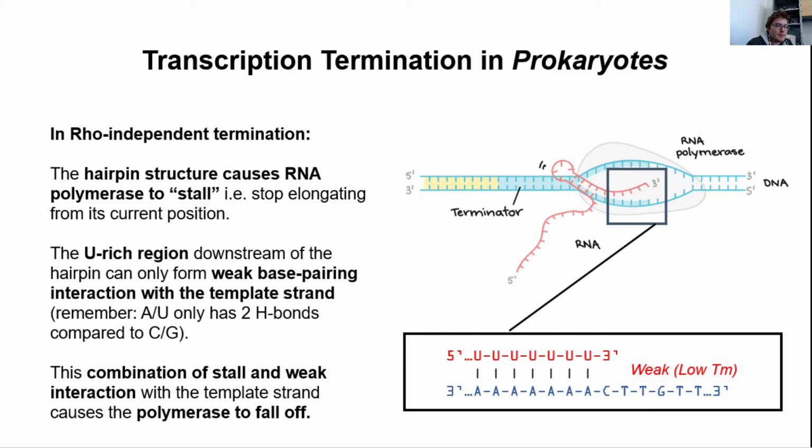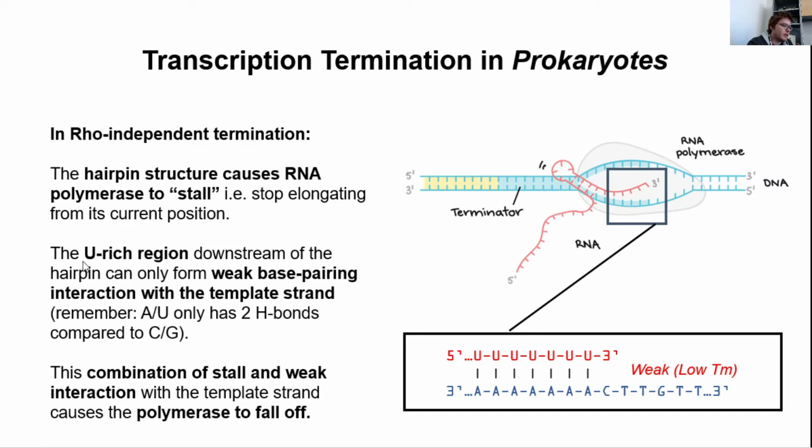And so this structure is interesting because it causes two things to happen. One is that the RNA hairpin structure itself can interact with RNA polymerase in such a way to cause a stall. So this hairpin structure basically gums up, it's like a wrench in the works of RNA polymerase that makes it harder for the polymerase to keep transcribing forward. So that's one part of what this structure does.